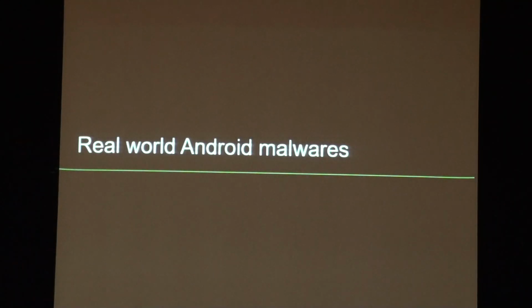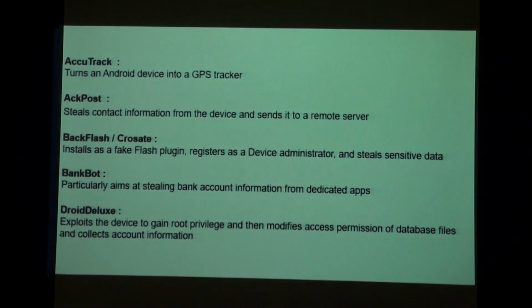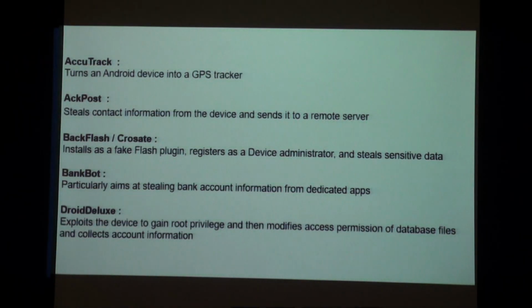So let's look at some of the real-world Android malwares. These are some of them. I have taken a few of them from the online databases. There are a lot of databases that are actually classifying Android malwares, so you can go check them out, and each one of them does something different. Here, as you can see, AccuTrack turns an Android device into a GPS tracker.